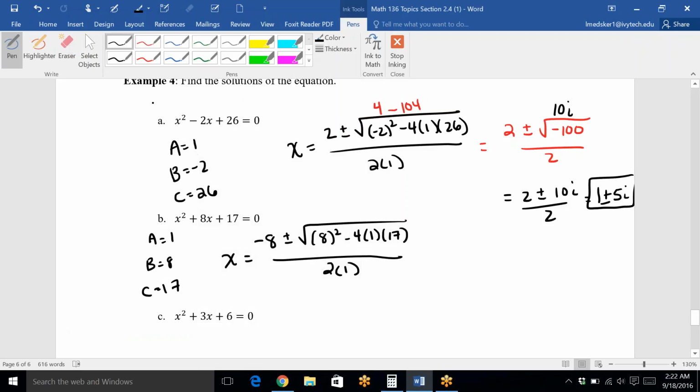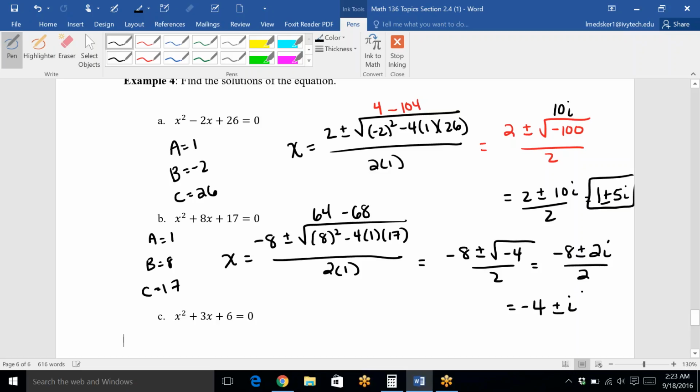That's 68. So this is 64 minus 68, because it's a negative right here times 2 positives. So that makes this negative 8 plus or minus the square root of negative 4 all over 2. That'd be negative 8 plus or minus 2i over 2. So when we reduce that, we get negative 4 plus or minus i.